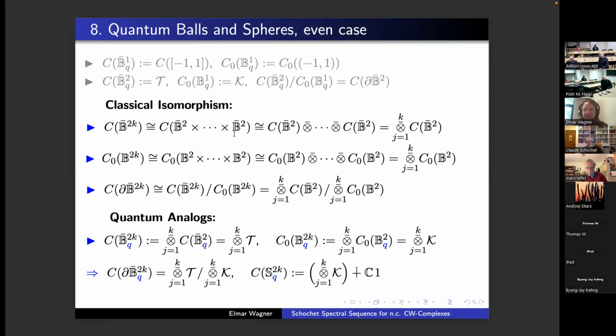It's a nice example where the spectral sequence on the nose gives you the result. So that's the only example. I know it's very trivial, but I chose this trivial example to show you that in some cases, spectral sequences are a very beautiful, powerful tool to read off the K-theory.